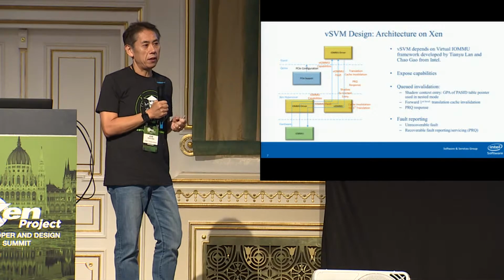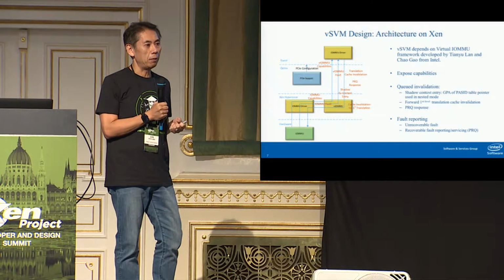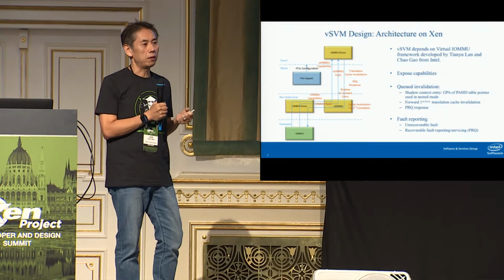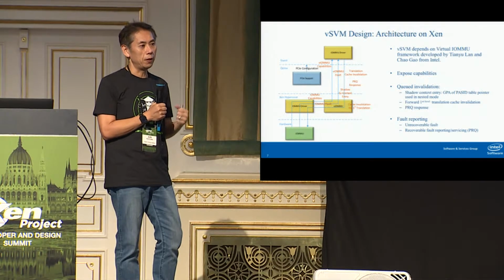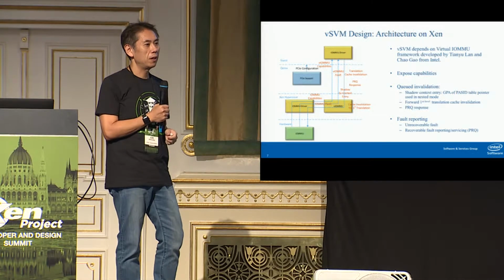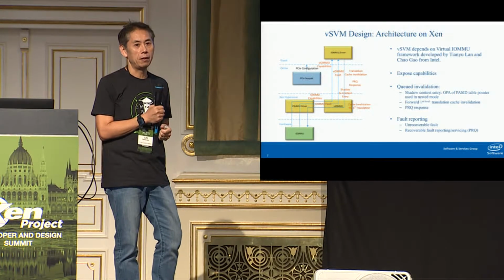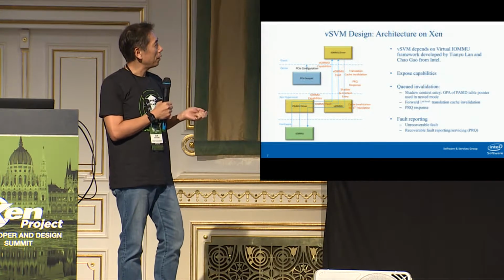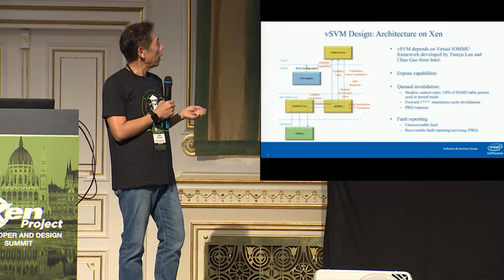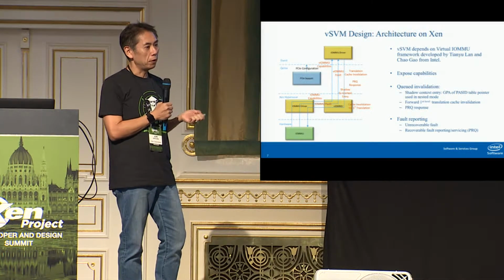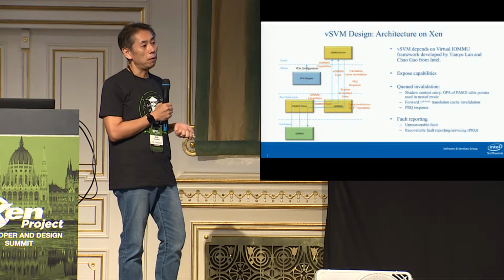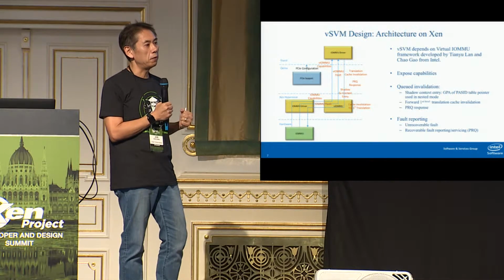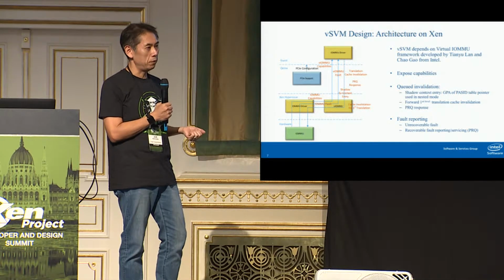If we use x86 page table, it's possible you get the page fault even when you use devices. That's not happening today, right? So the underlying VTD engine or IOMMU engine needs to handle the page fault and communicate that event back to the operating system.